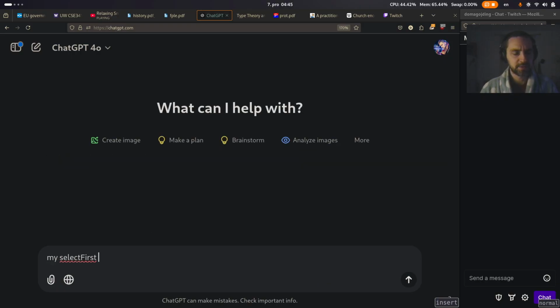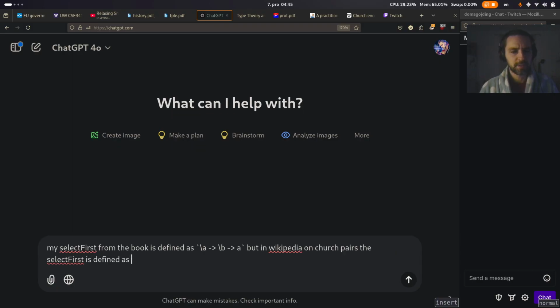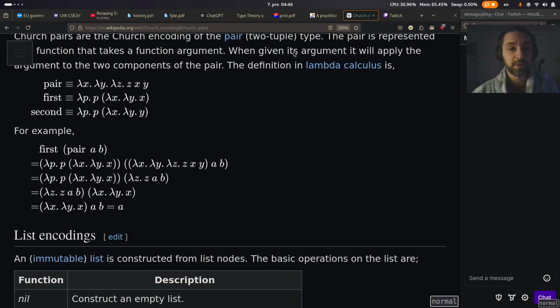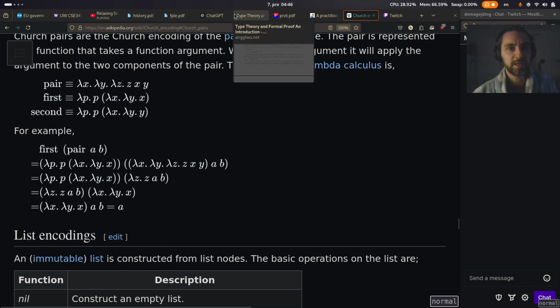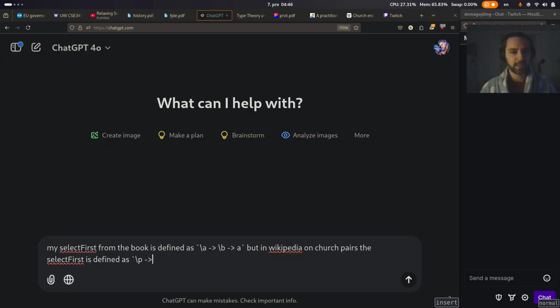My select first from the book is defined as lambda A, lambda B, A. But in Wikipedia on church pairs, the select first is defined as lambda P dot P, and then lambda X dot Y X. Right, it's the same thing, it's just it has this lambda P dot P. Lambda P dot P, lambda X, or let's say lambda A, lambda B, A. What is the difference?